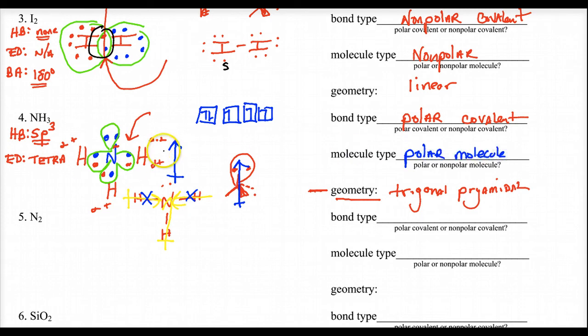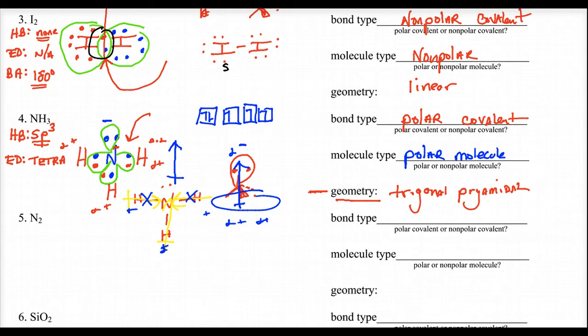And you're going to have the negative end where the N is, and the positive end, and I should say partial again, where the H is. So this end here is the partial positive, and here is the partial negative. You have to think three-dimensionally.